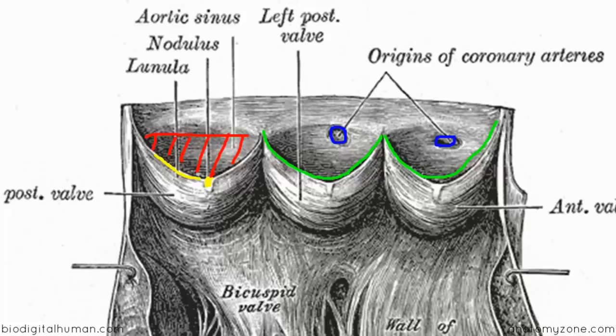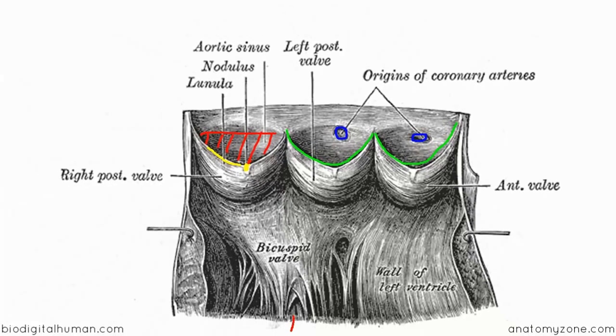So this is important to know about because during systole, during ventricular contraction, you get blood rushing out through the ventricles and out through the aortic valves into the ascending aorta. And then during diastole, when the ventricles relax, you get blood flowing back down the ascending aorta, and you get pooling of the blood in these sinuses.